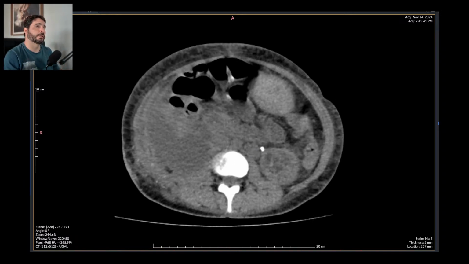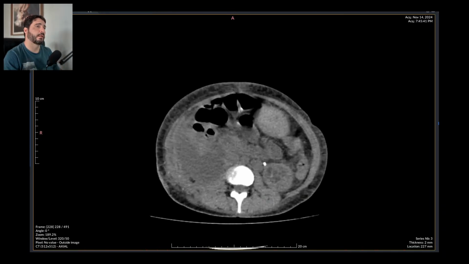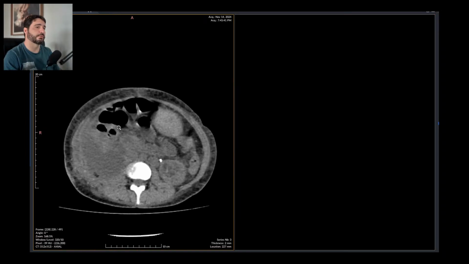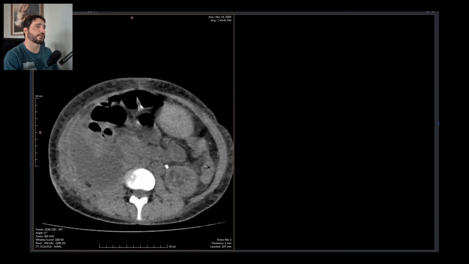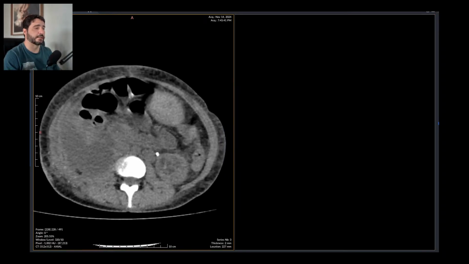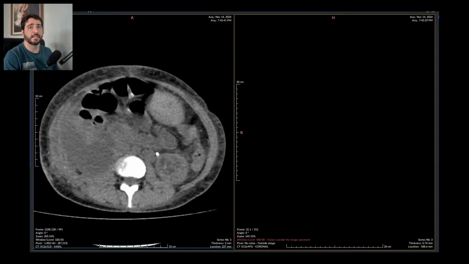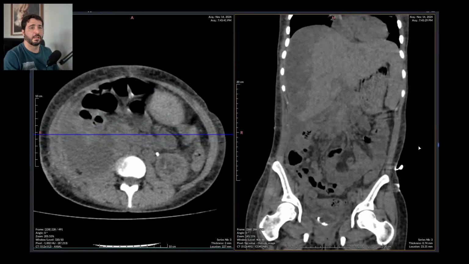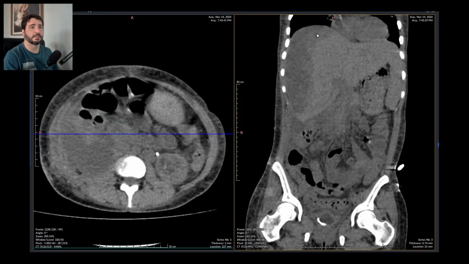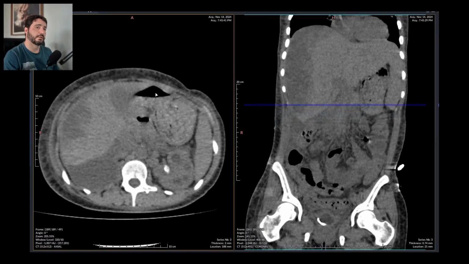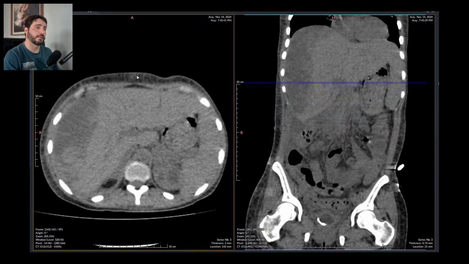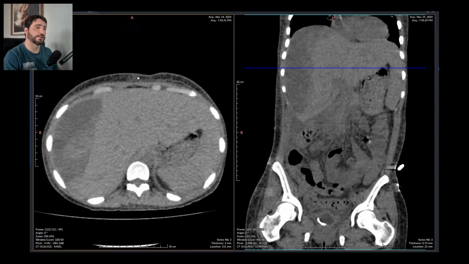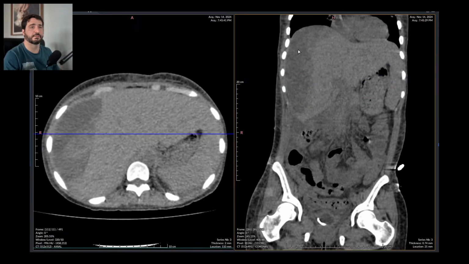Just going to hit an MPR and measure those fluid collections, and I'm going to be as brief as I can. See, this is all necrotic liver. I really can't say this patient has any chances of surviving this.